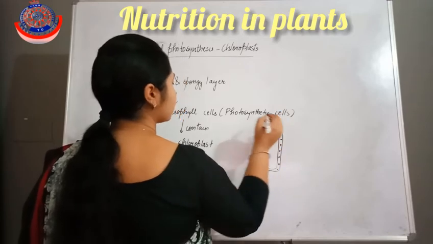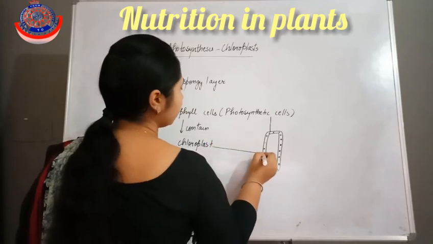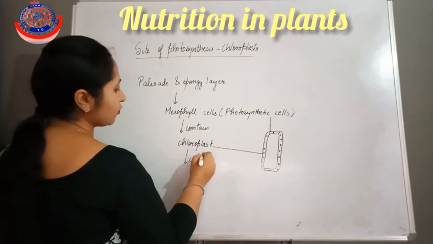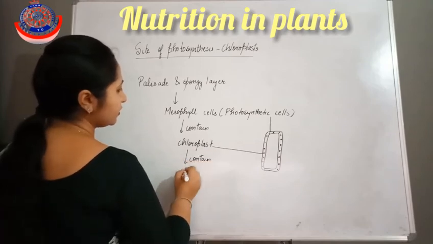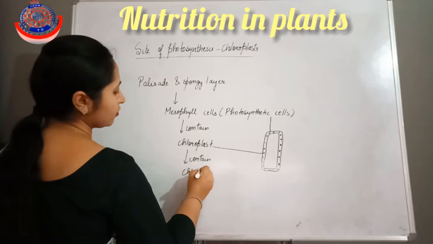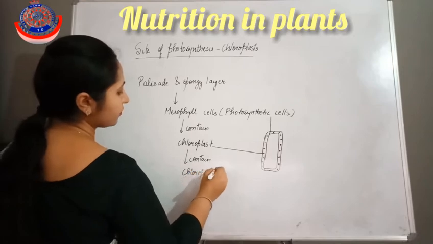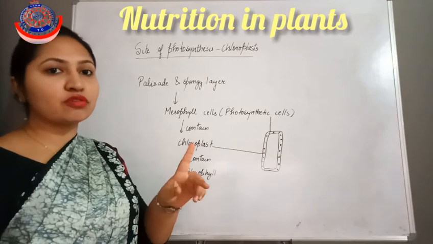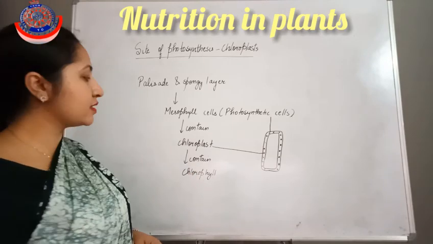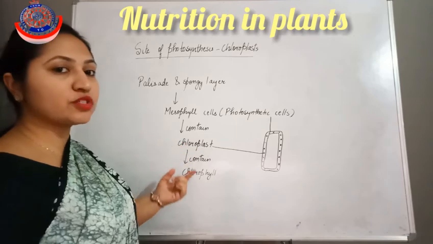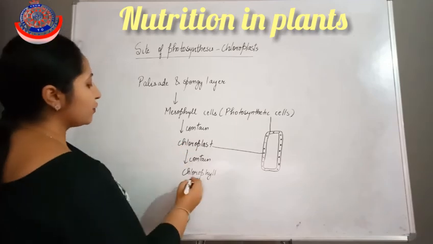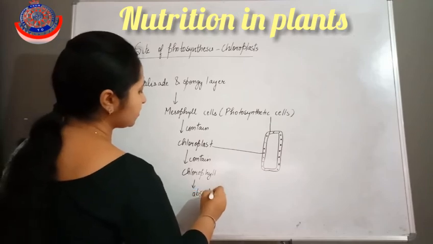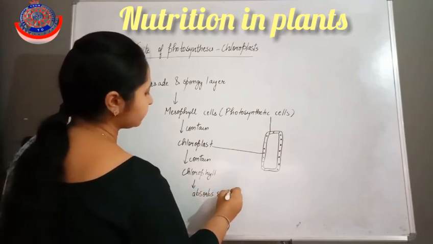So this is a photosynthetic cell which contains chloroplasts, and the chloroplast contains chlorophyll, which absorbs sunlight. Okay, so sunlight is also one condition for photosynthesis. Means the chloroplast contains chlorophyll, and chlorophyll is responsible for absorbing sunlight.